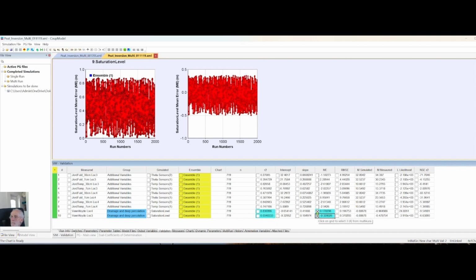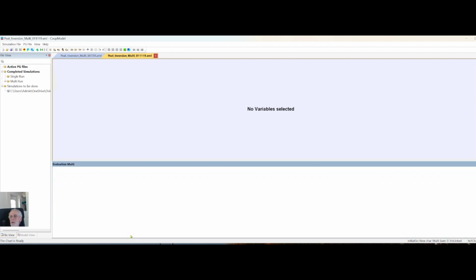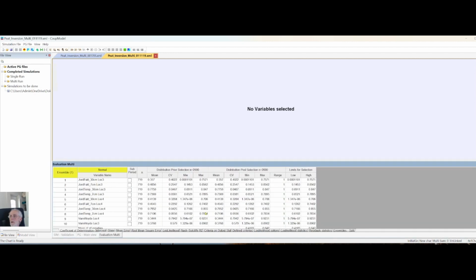But this is still not that bad, and what we can do now is to continue and to see if we could constrain an ensemble based on those results.